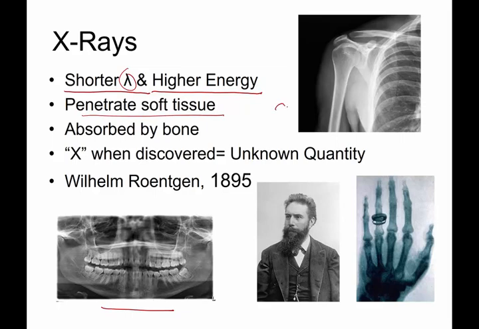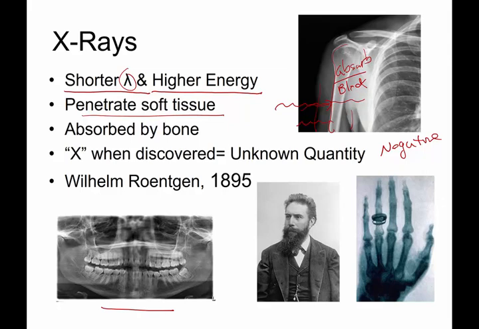When you take an X-ray or get an X-ray taken, the bones and dense things in your body actually absorb the energy, and the flesh of your muscle and your skin allows the X-rays to pass through. And so when you physically look at an X-ray, it looks like a photographic negative, because the white areas are where the X-rays have been blocked, and the dark areas are where the X-rays have passed through.